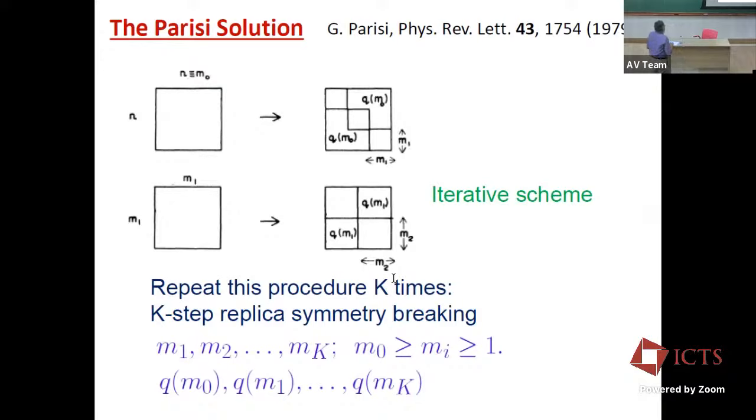Again, that is something that remains to be seen. So this is my interval, and this is my M1 or whatever. M1 was the block size, yes. M0 is bigger than M1, right?